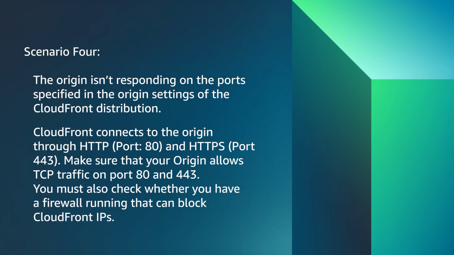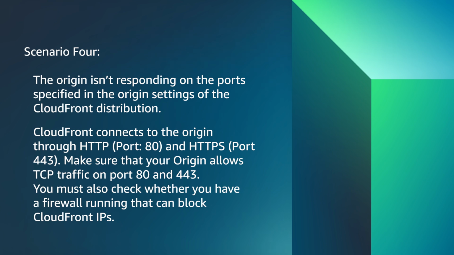Scenario 4. The origin isn't responding on the ports specified in the origin settings of the CloudFront distribution. CloudFront connects to the origin through HTTP port 80 and HTTPS port 443. Make sure that your origin allows TCP traffic on port 80 and 443.